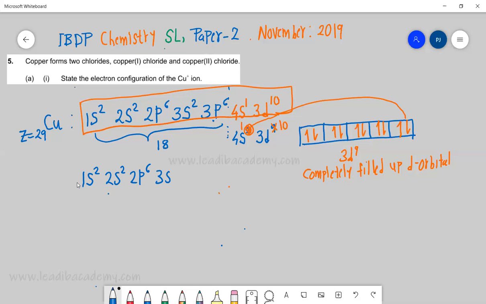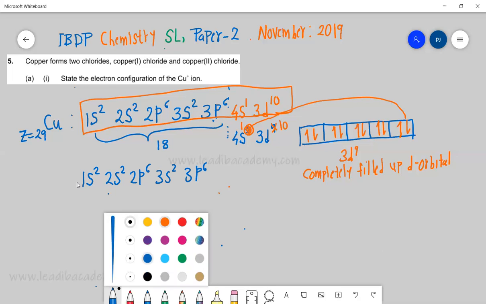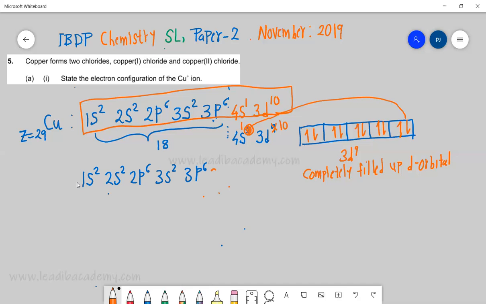Initially, the 4s was at lower energy compared to 3d while filling up. But once the filling has been completed, it goes back to its routine, which means 3d will be lower and 4s will be the outermost.